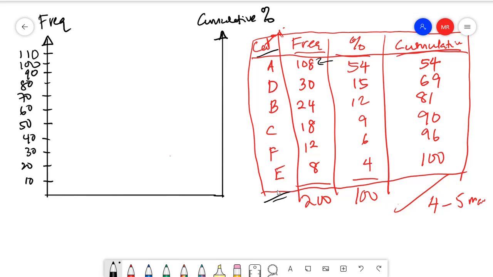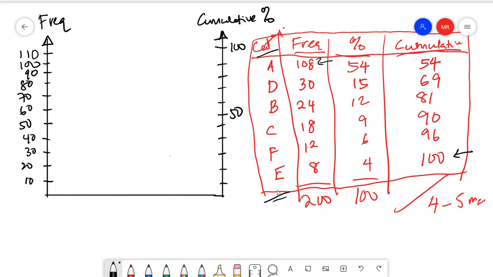Normally if you need to answer this, you can use graph paper. For the cumulative percentage, of course the highest is 100, so we put 100 here, then 50. Then we can plot the details here.